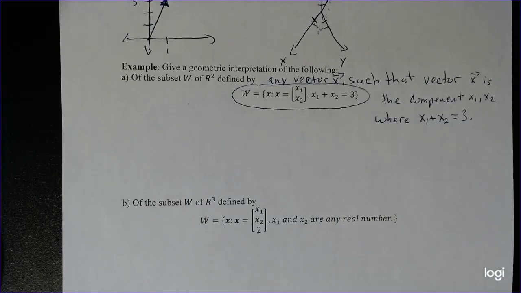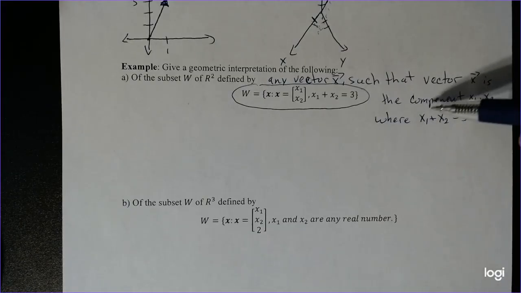That's pretty much all that says. So we have constraints on it. That's what's happening. So it's any point or any vector as long as it follows these categories when it comes to its components.